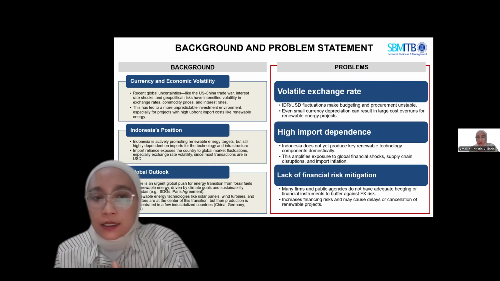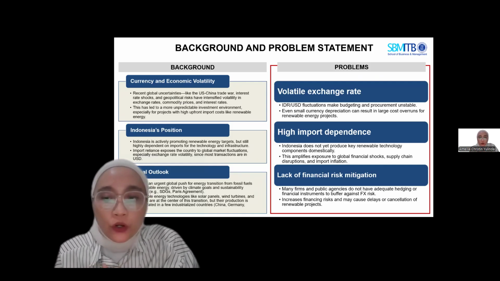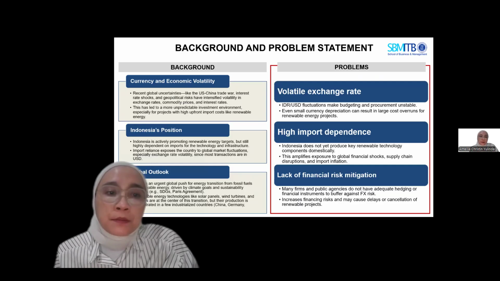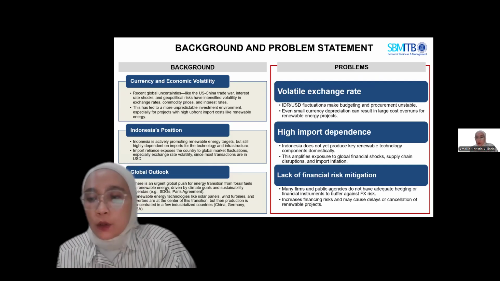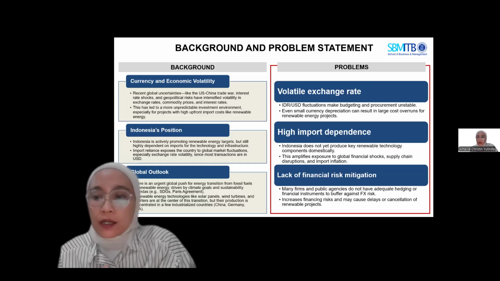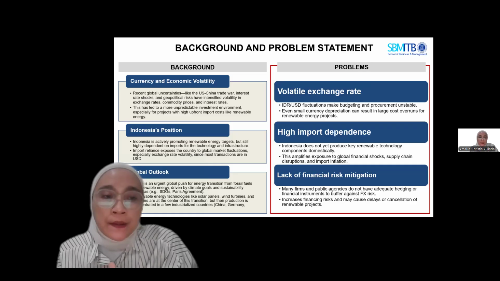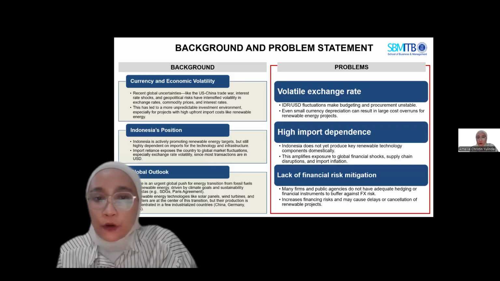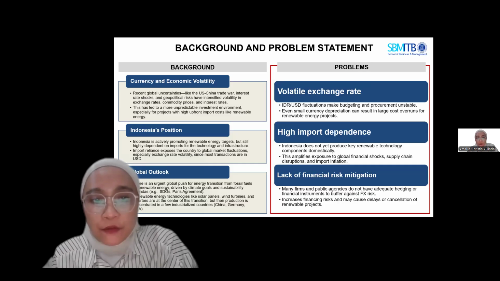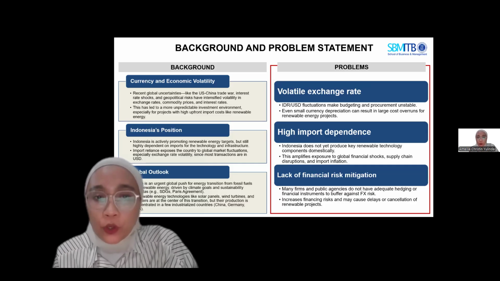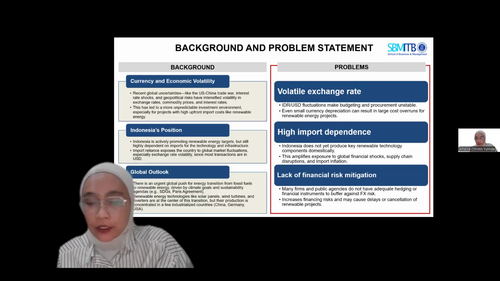The reason is global uncertainty, like a trade war, which makes policies, whether in the domestic market or global market, become unstable or uncertain. This has also led to more unpredictable investment environments, especially for projects with high upfront import costs like renewable energy.